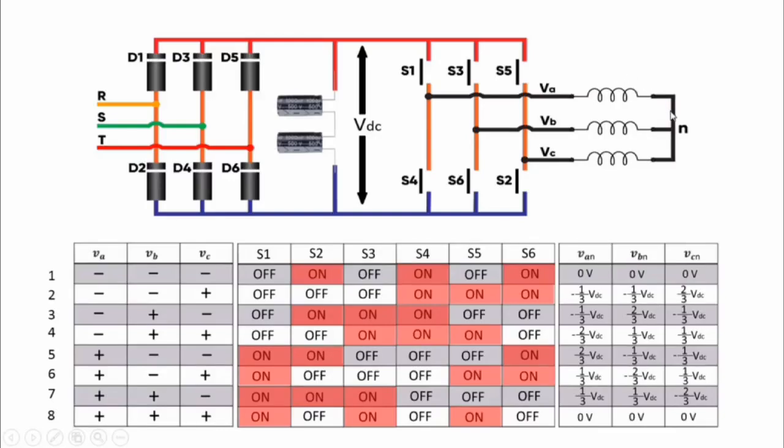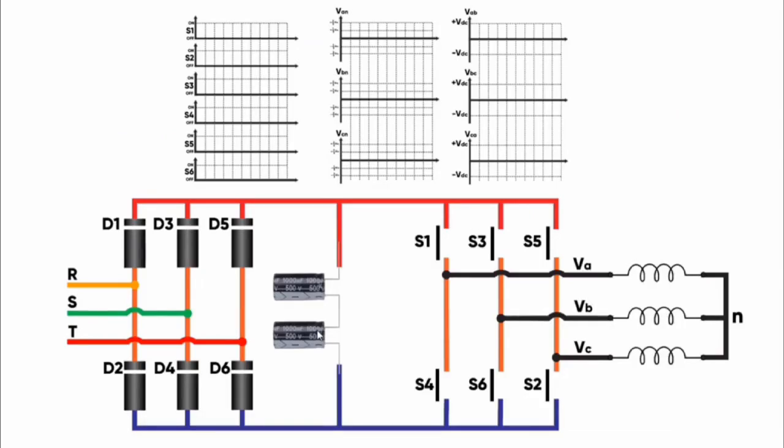Again we don't have any potential difference, and because no potential difference is created here, our VAN, VBN, and VCN values also become 0. Alright, we've examined these 2 scenarios together. The other cases remain, which we'll go over together in the next slides.